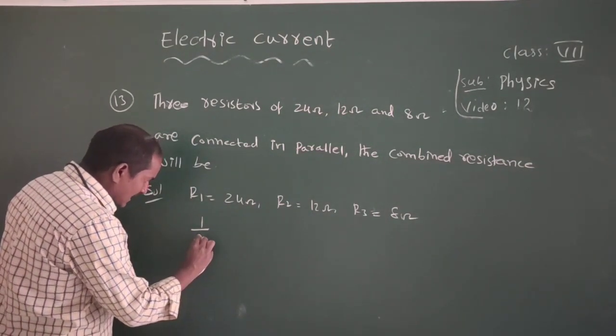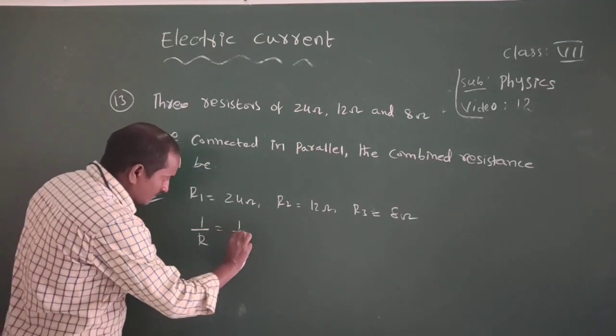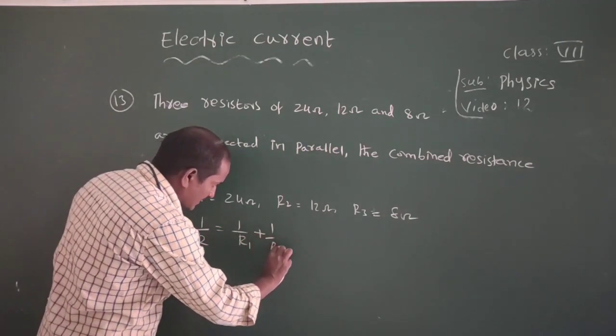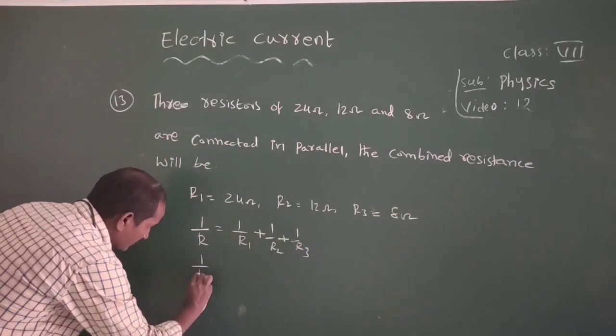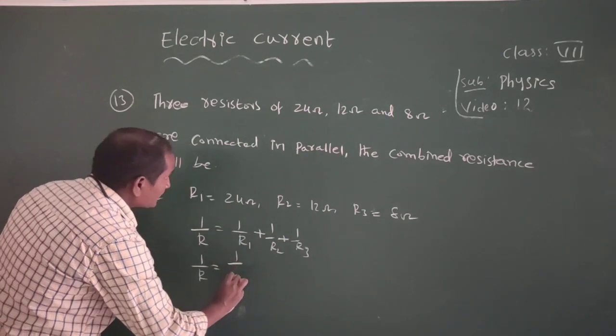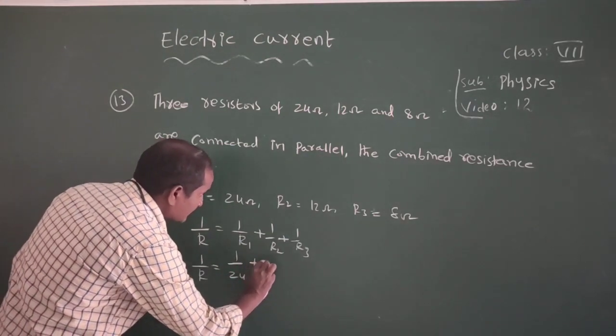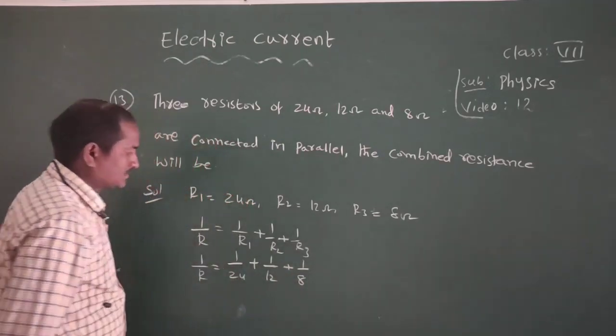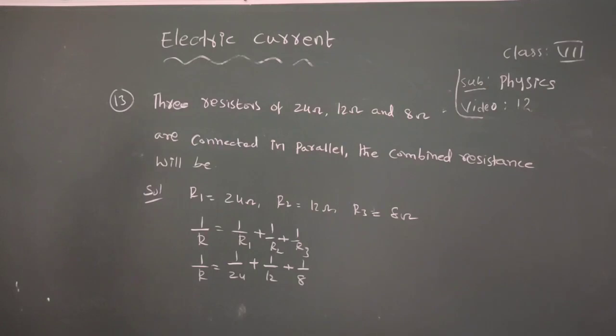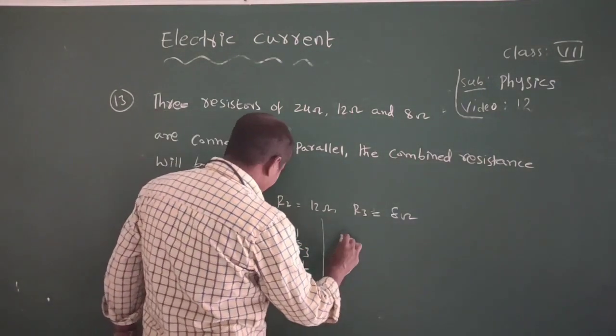Then combined resistance: 1 by R equal to 1 by R1 plus 1 by R2 plus 1 by R3. That equal to 1 by R equal to 1 by 24 plus 1 by 12 plus 1 by 8. What is the LCM between 8, 24 and 12? 24 is the LCM.